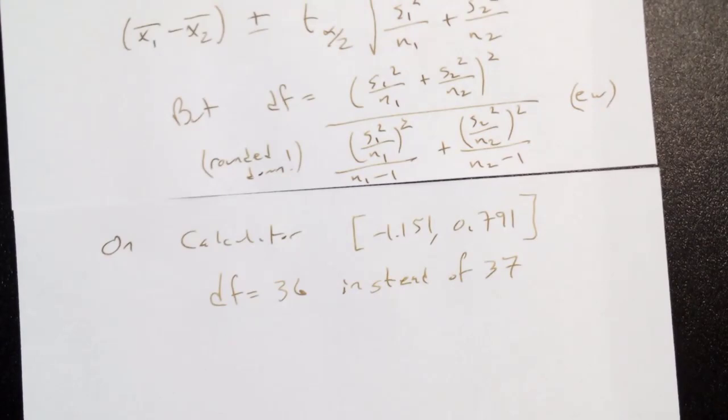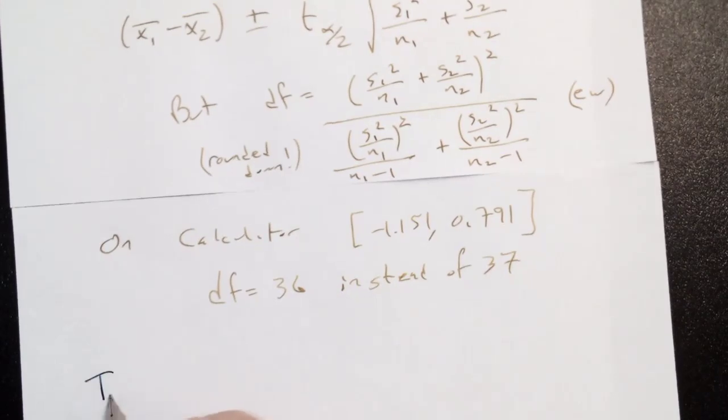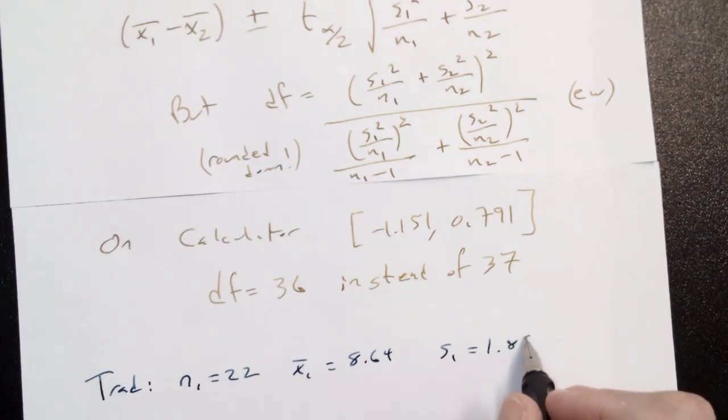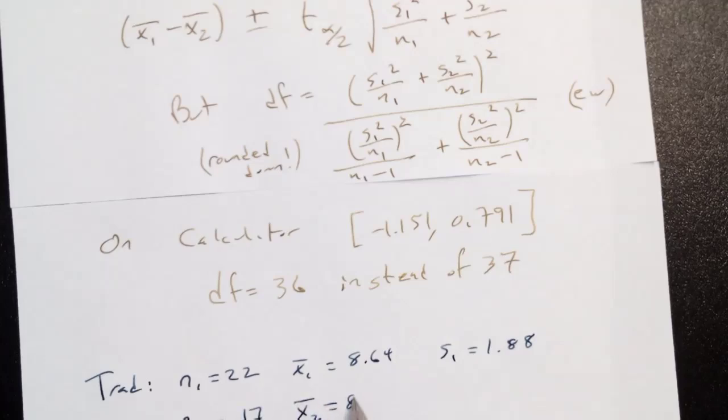Okay, wait a minute. I need to write down the numbers again. Traditional: N1 was 22, X1 bar was 8.64, S1 was 1.88. In the internet group, N2 was 17, X2 bar was 8.82, and S2 was 1.70.